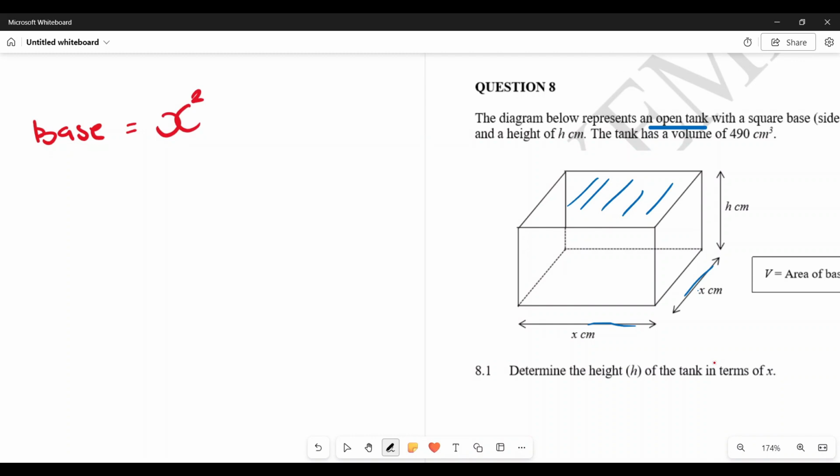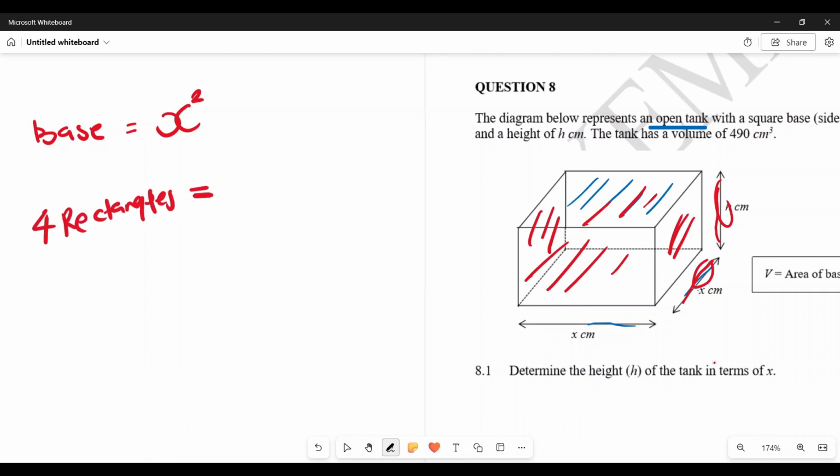Now all these sides are rectangles, because this here it's x and this here it's h. These two are not the same, so hence these sides cannot be squares. How many rectangles do I have? I have one, two on the sides, and then one at the front and the other at the back. So in total, I have 4 rectangles.